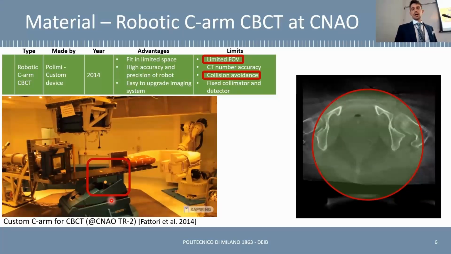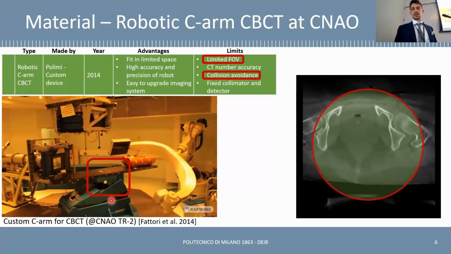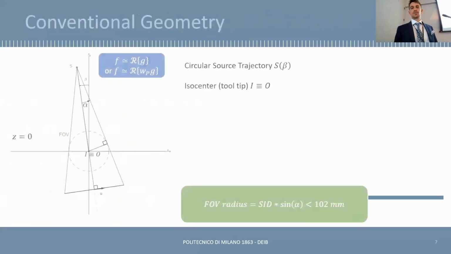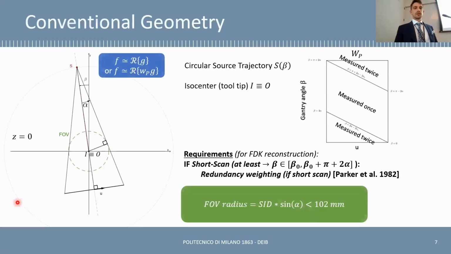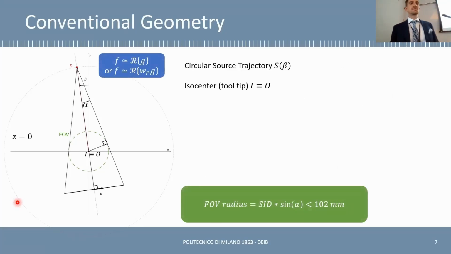Taking a look at the geometry of this acquisition in the z=0 plane, you can see this is a classical full fan geometry as is often described. In this case, I put an I and O to be superimposed, I representing the isocenter of the imaging system, which you must take into consideration is the tooltip of the robot.